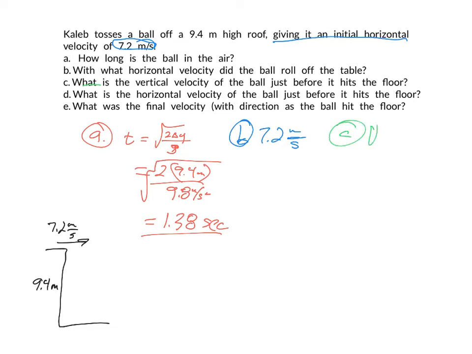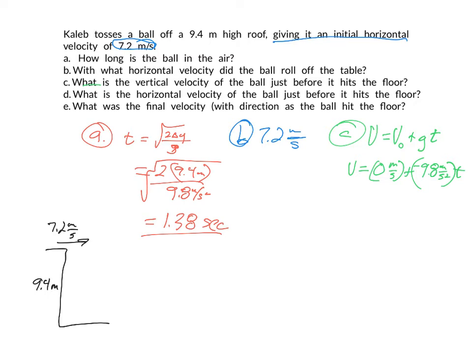That is V equals V_i plus GT. My final velocity is what I'm interested in. My initial velocity, since it was thrown off horizontally, is 0 plus a negative 9.8 meters per second squared times time.